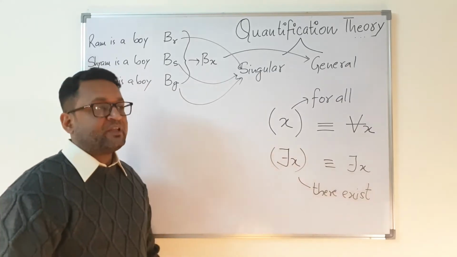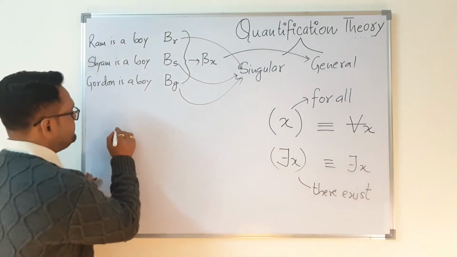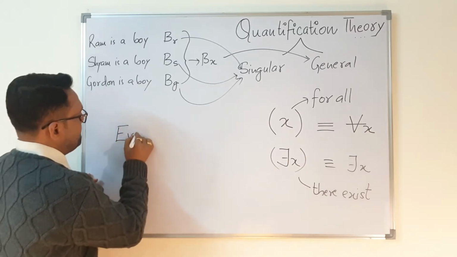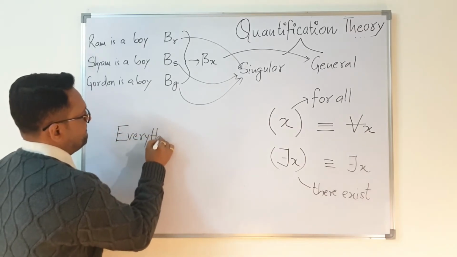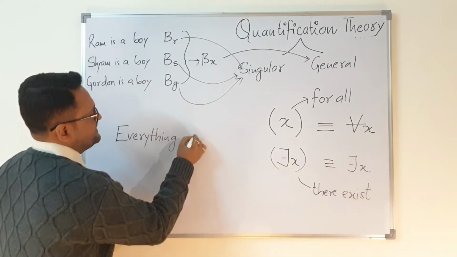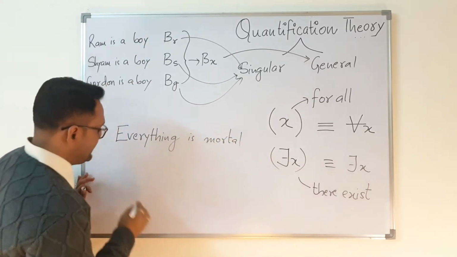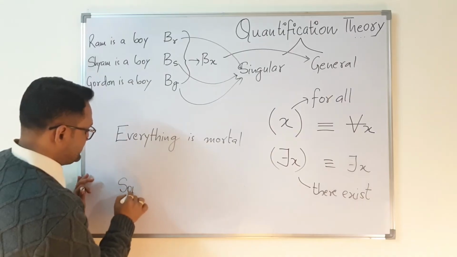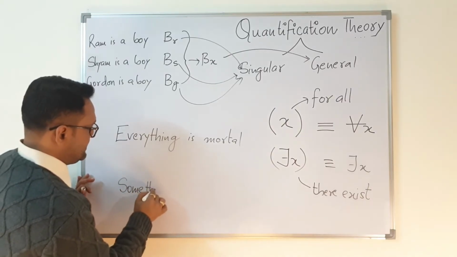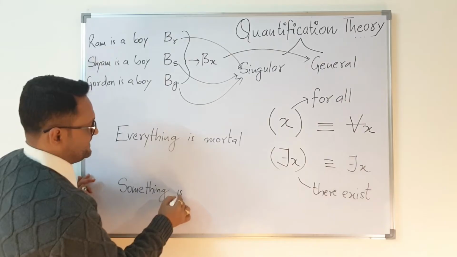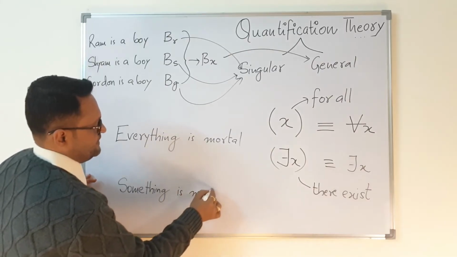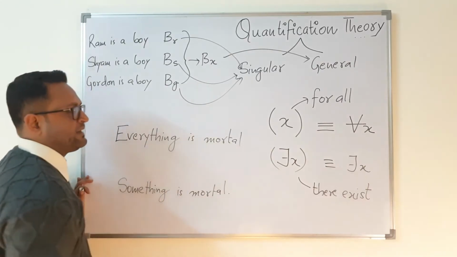Now suppose we have to symbolize 'everything is mortal', and vis-a-vis we also have to symbolize 'something is mortal'. How are we going to symbolize it?